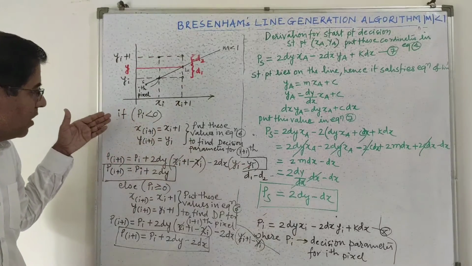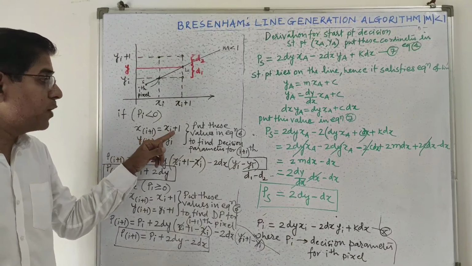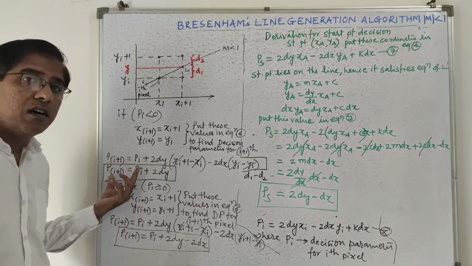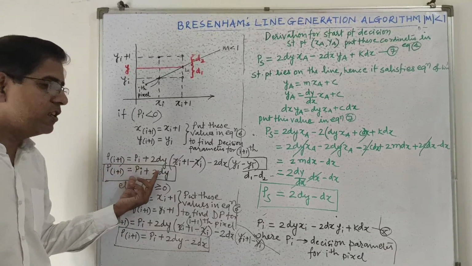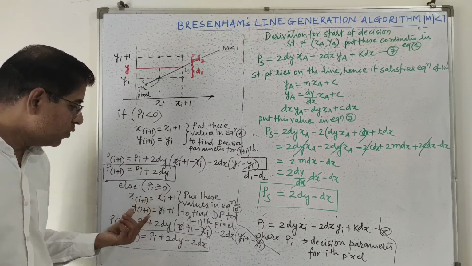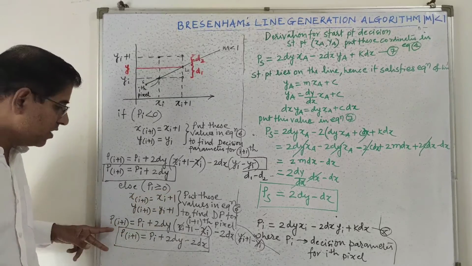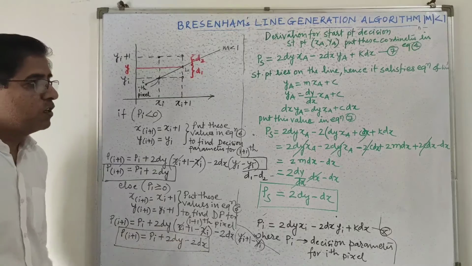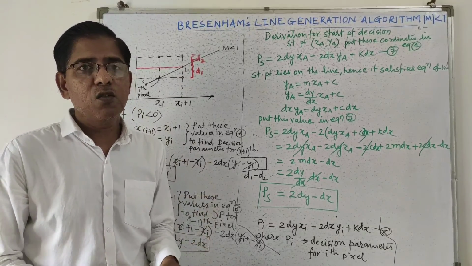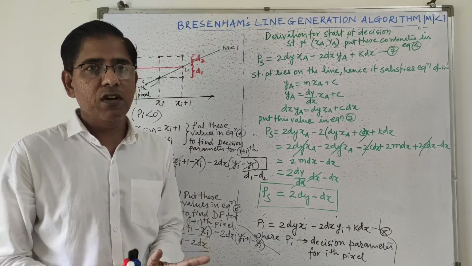And the logic is like this: if pi is less than 0, then xi plus 1 is equal to xi plus 1 and yi plus 1 is equal to yi, and the next decision parameter is given by this formula. Similarly, if the value of pi is greater than or equal to 0, then increment the values of x and y like this and calculate the next decision parameter from this formula. So this is the mathematical derivation of Bresenham's line generation algorithm for slope less than 1.